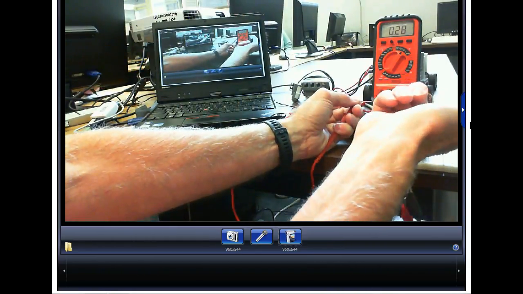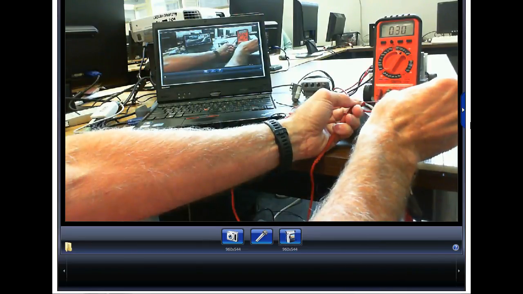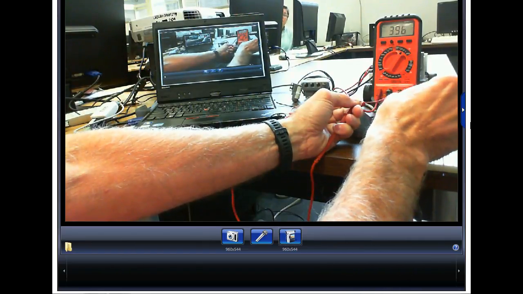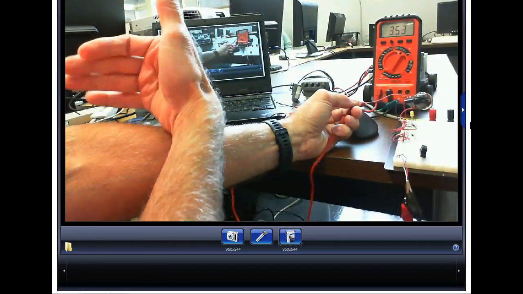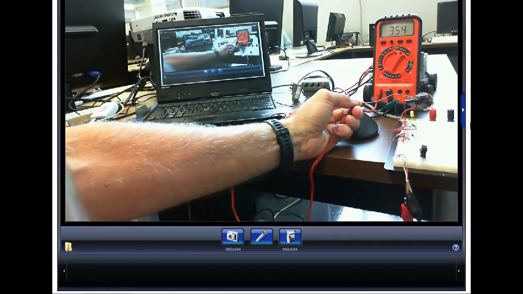So if I was to hook this up to something that was in motion, then the voltage that we get out of it would indicate a what? A position.